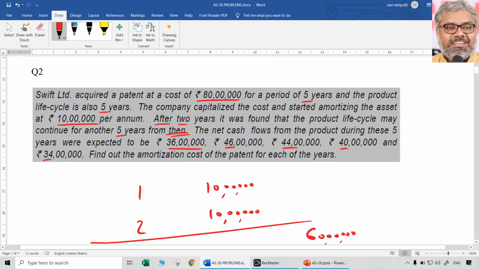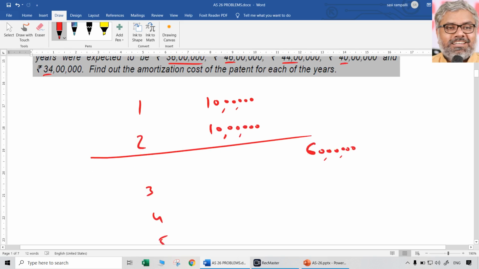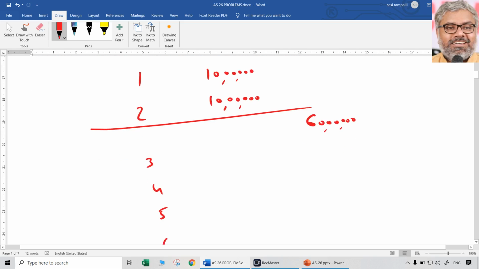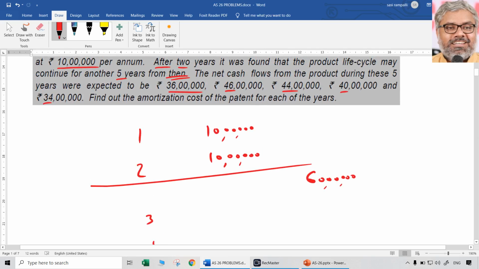But on what basis? When there is a better basis, which is nothing but the cash flows that can be expected from this product, which is in the ratio of 36, 46, 44, 40 and 34. That should be the basis. So simply 60 lakhs has to be apportioned among the next 5 years in the ratio of expected cash flows.